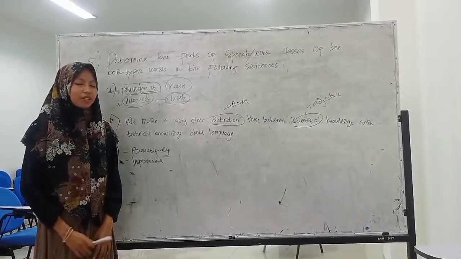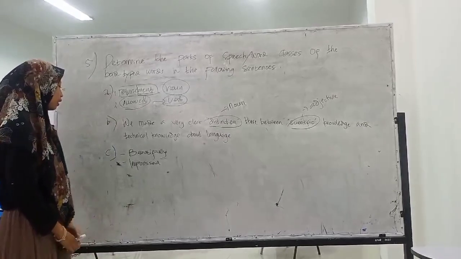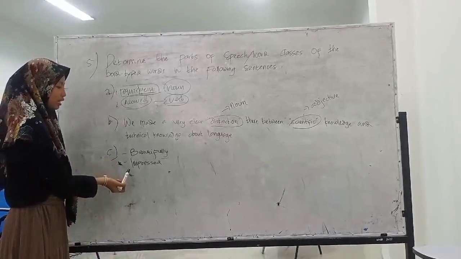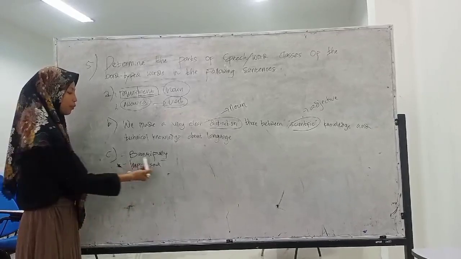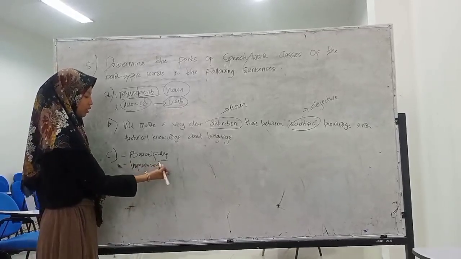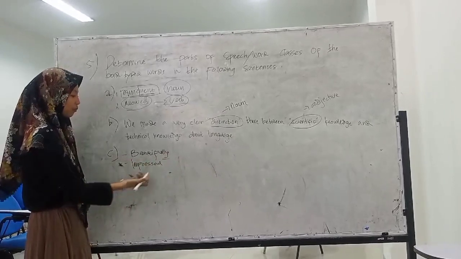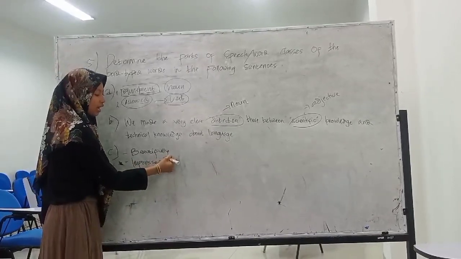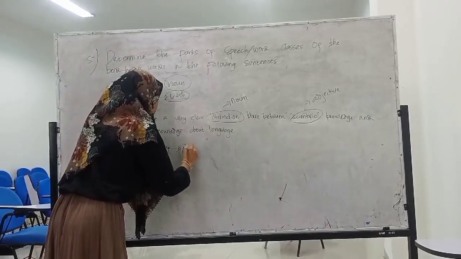I will continue the material about determining the part of speech of the word. Well, the type C, there are beautifully and impressive. Beautifully means kecantikan. We can see that the last of the word is ly, so it is an adverb.